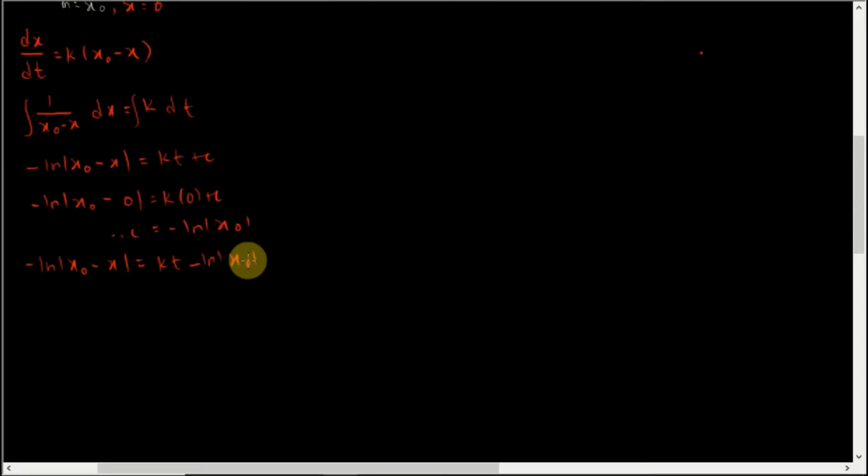So we have two ln, so we bring ln x naught to the left side, it becomes ln x naught, because negative becomes positive, minus ln x naught minus x equals to kt. Then ln minus ln means divide, so this is ln of x naught over x naught minus x equals to kt.